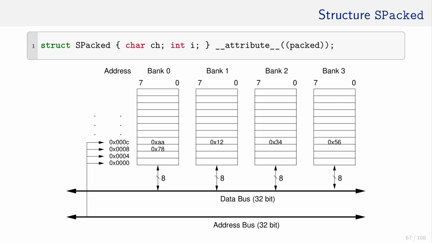When the integer needs to be read from the memory, it becomes very different. First, the 3 significant bytes are read from address 0C. Since the memory copies 32 bits, the returned value will be AA, 1, 2, 3, 4, 5, and 6.